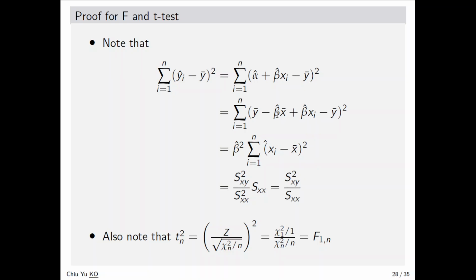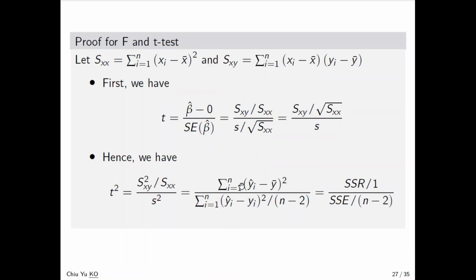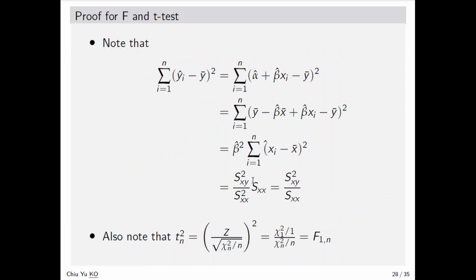What you are left with is the sum of xi minus x bar squared, which is actually Sxx. Beta hat squared will be Sxy squared over Sxx squared. The squares cancel out, and it is Sxy squared over Sxx. Actually this one equals this one, which is what I wanted to show.